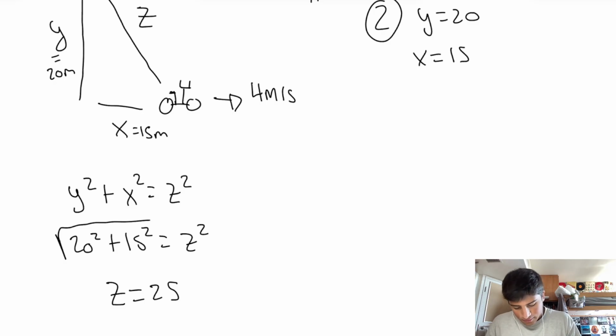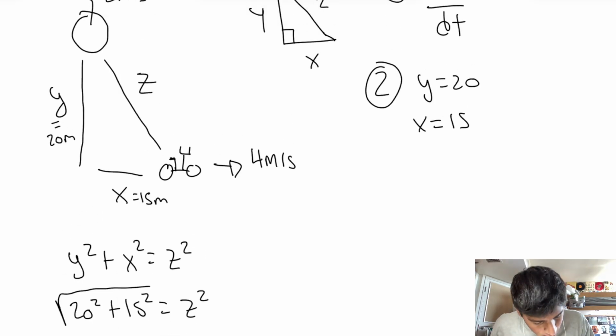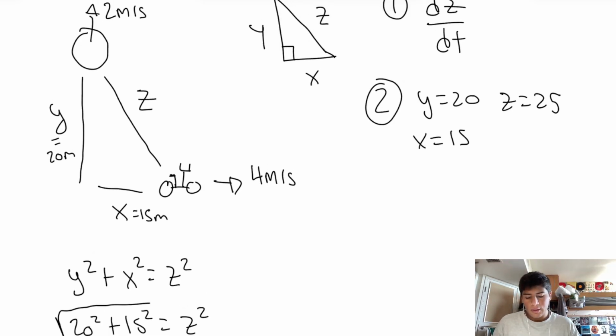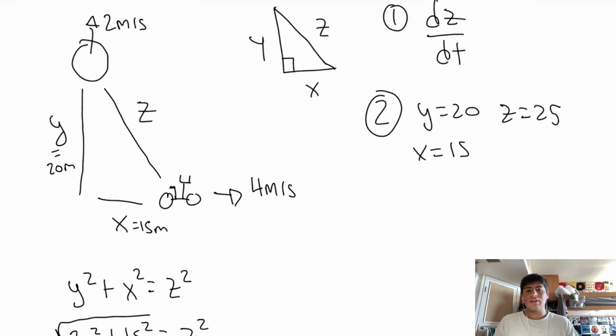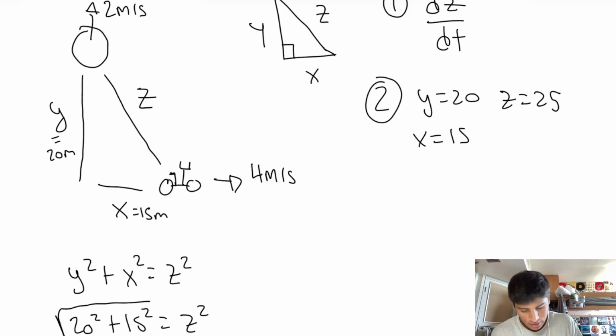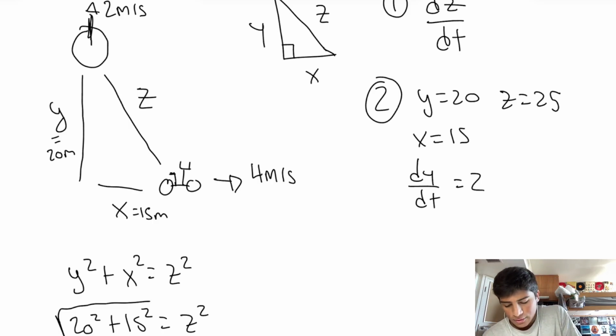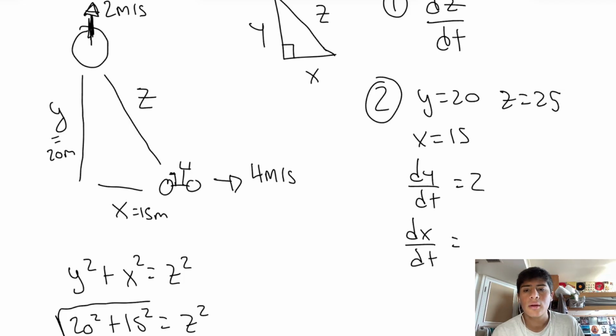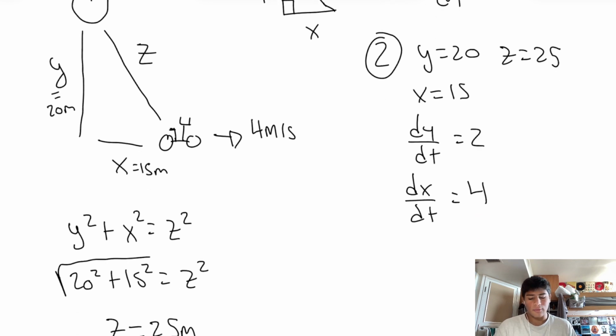And this is meters. So we know z equals 25. And we also know dx over dt and dy over dt. So we have 5 things that we know, really. dy over dt equals 2. The hot air balloon is rising at a rate of 2. dx over dt equals 4, because that's how fast the bike is moving horizontally.